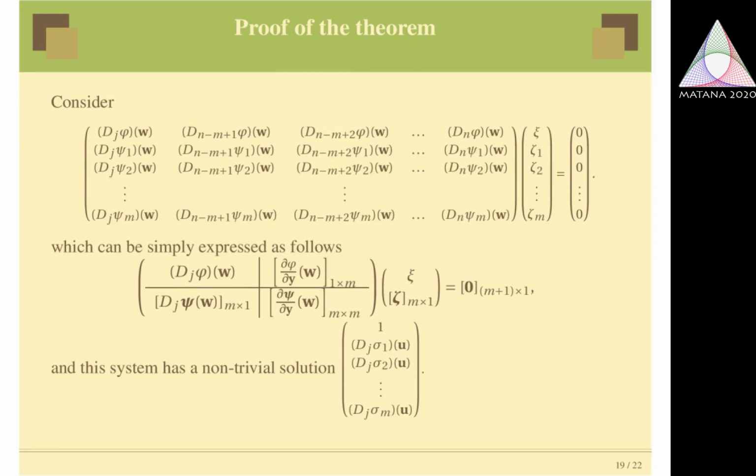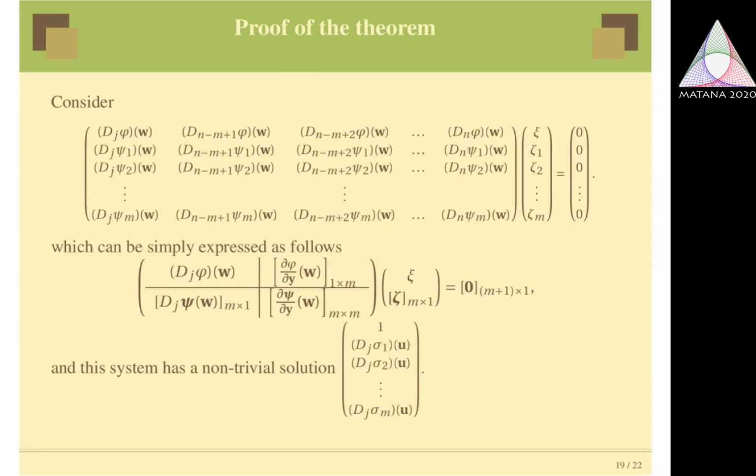The first entry of the second row is the partial derivative of ψ_1 with respect to the jth variable, and the remaining entries of the second row are the partial derivatives of ψ_1 with respect to the last m variables. Similarly, the remaining rows give the partial derivative of ψ_k at the first entry, and the remaining entries are the partial derivatives of ψ_k with respect to the last m variables.